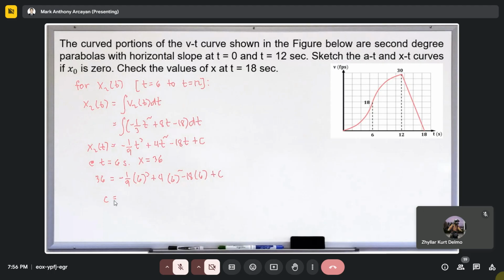Use your calculator to find the value of c, and you can use shift solve. We have 1 divided by 9 times 6 cubed, plus 4 times 36, minus 18 times 6, plus the constant.